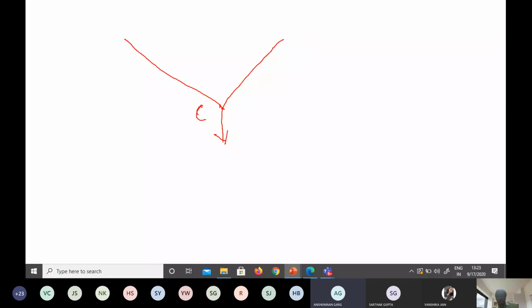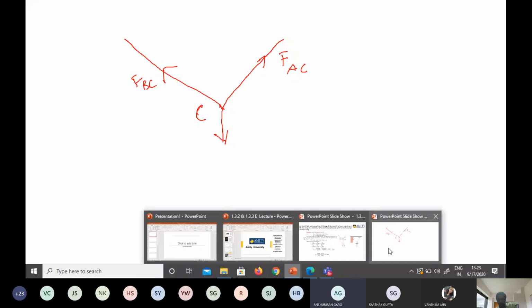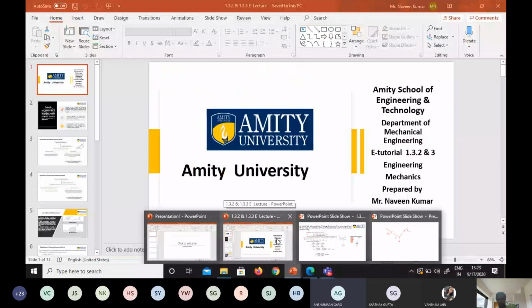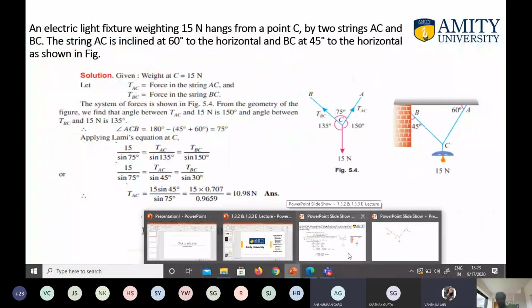Let us say this is FAC, and this is FBC. And what about the angles? Can anybody tell me the angles? The angles are 60 and 45.